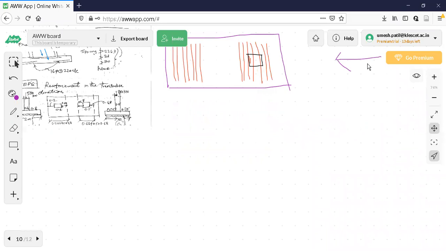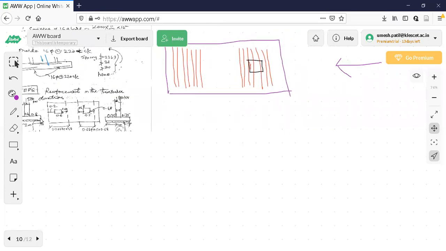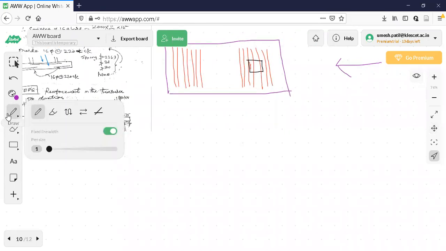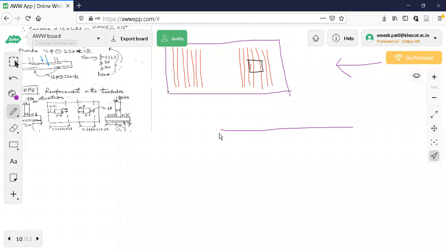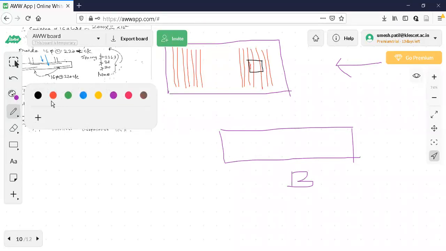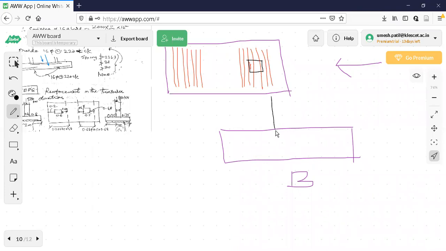If you stand here and observe in this direction, you will see this width of the footing, and you will see the column here.